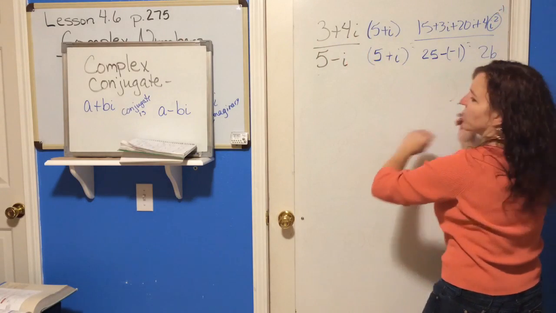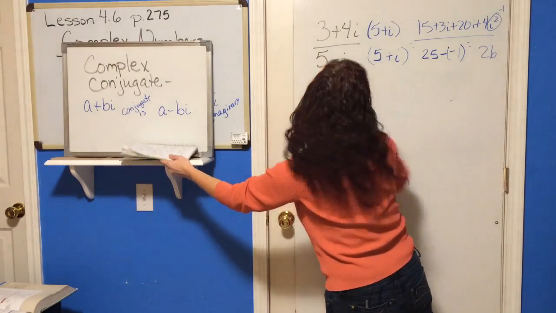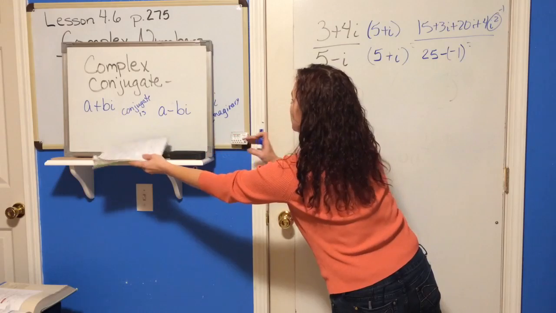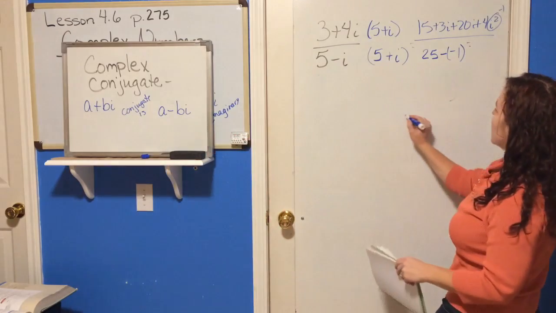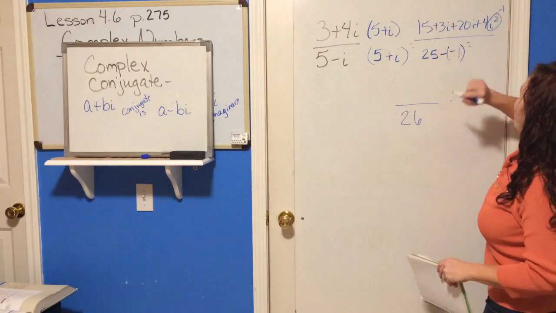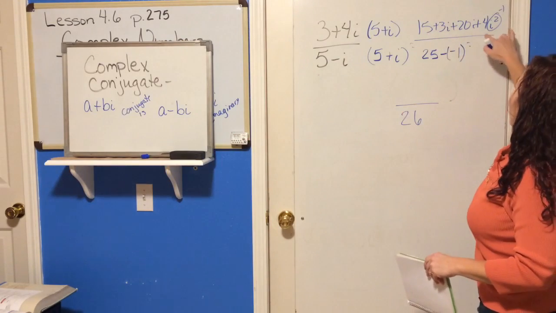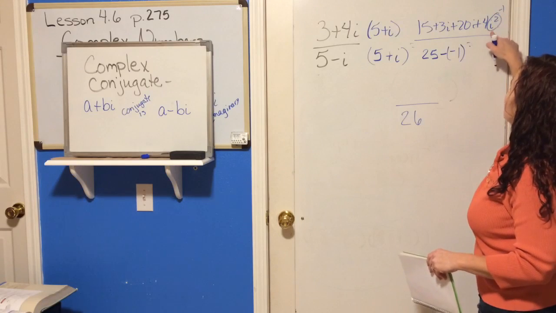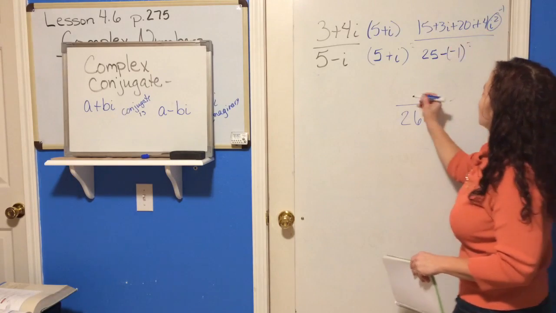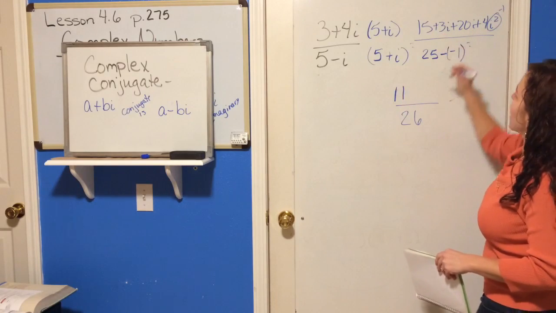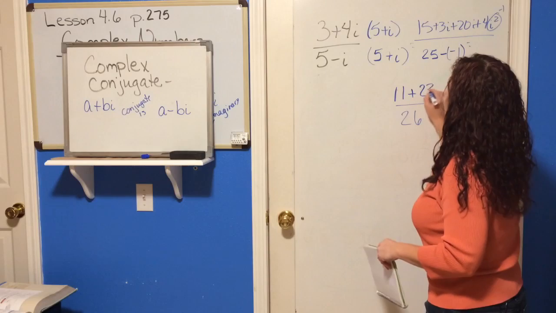So now I've got 26 in my denominator. And then I've got to combine your 15 and a -4, because it was plus 4 times a -1. So 15 minus 4 is 11, and 3i and 20i are 23i.